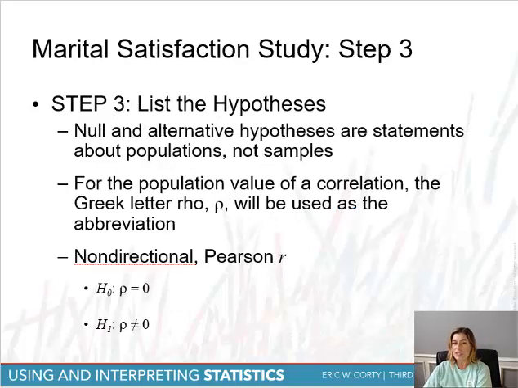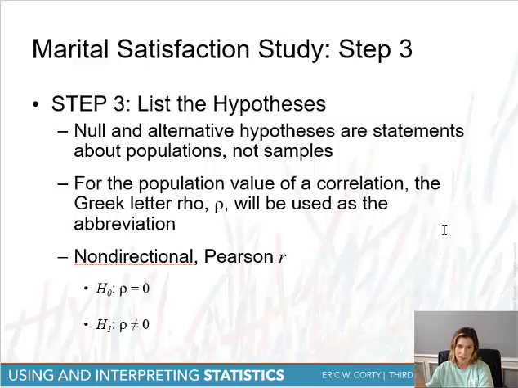All right, so just like our difference tests that we have done in the past, relationship tests also have null and alternative hypotheses. And what we're going to do is, for the null hypothesis, instead of using mu as the population for correlation, we're going to use rho.